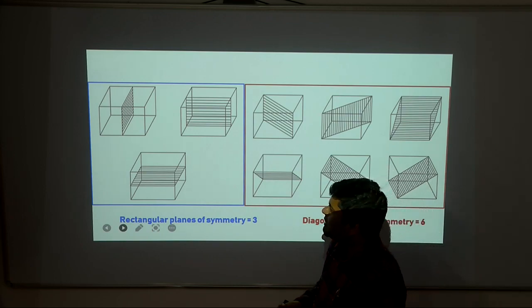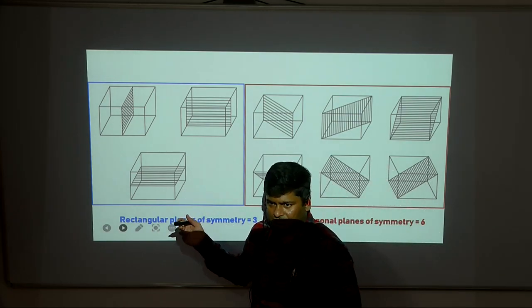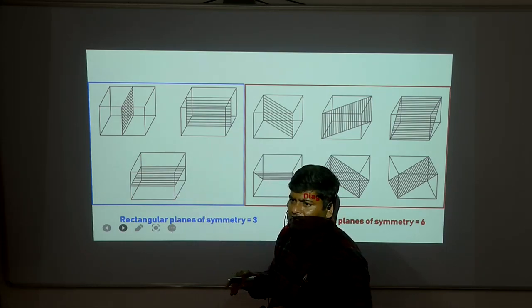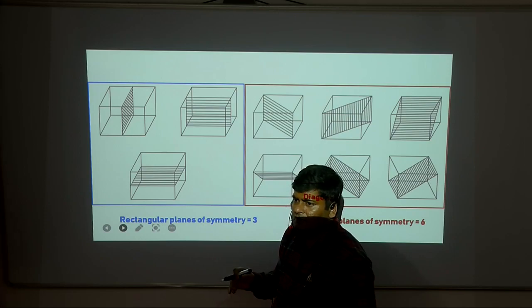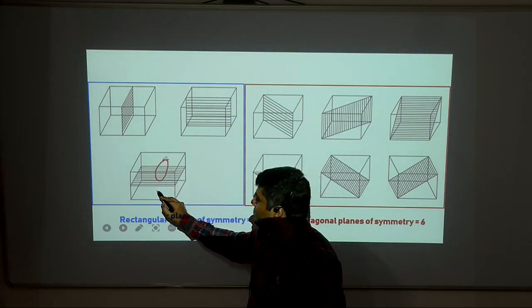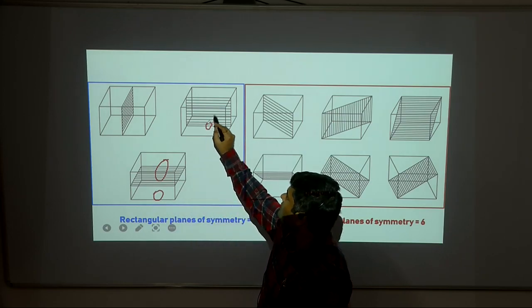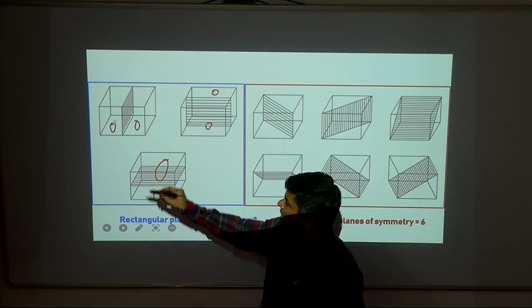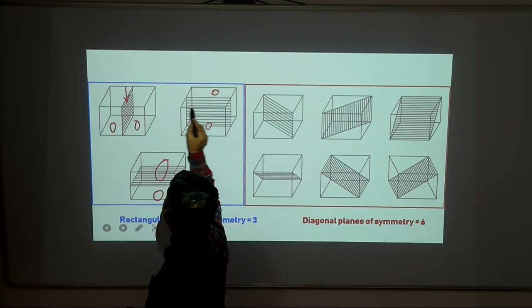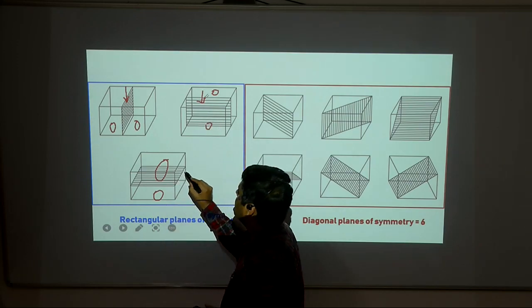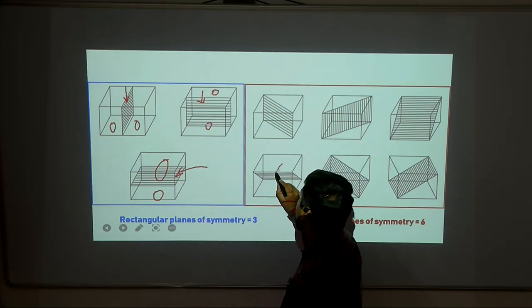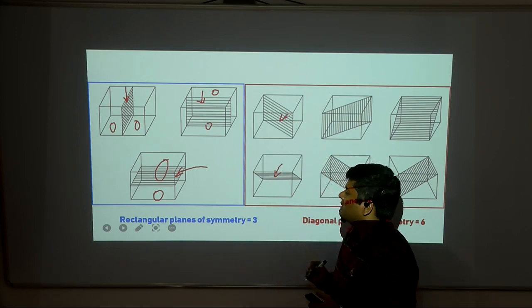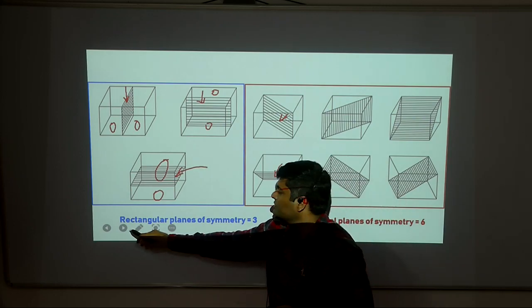In a crystal structure system or for a certain geometrical shape, if we cut that shape such that one part is the mirror image of the other, such a plane is called a plane of symmetry. So these are the nine planes of symmetry.